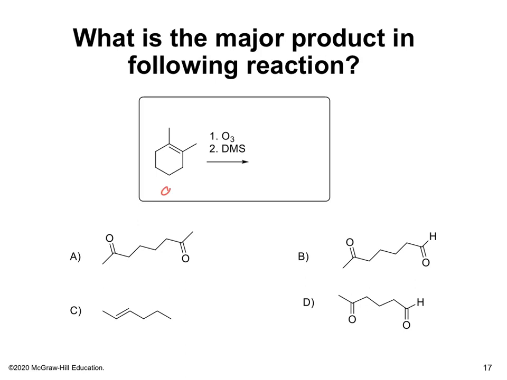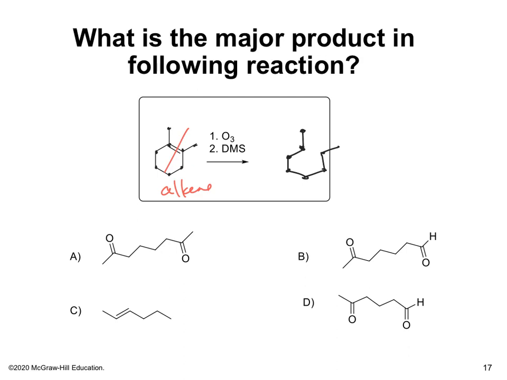Okay, so this is an alkene. So with an alkene, we just add one oxygen. So what I would do is keep this the same. 1, 2, 3, 4, 5, 6, 7, 8.